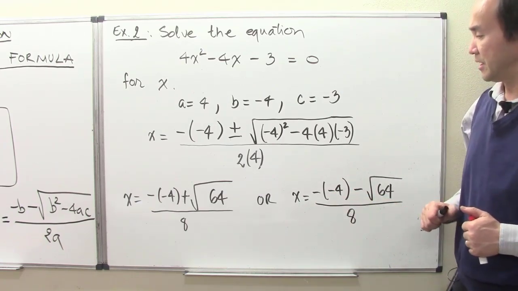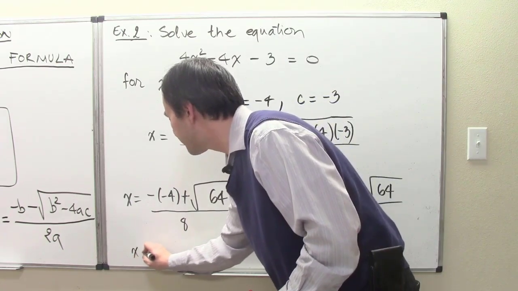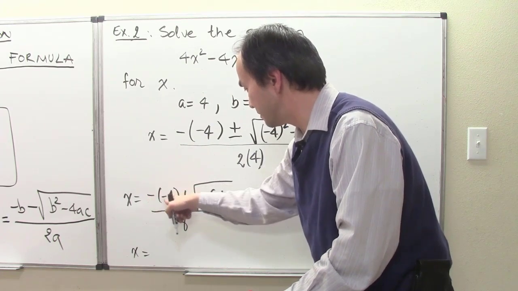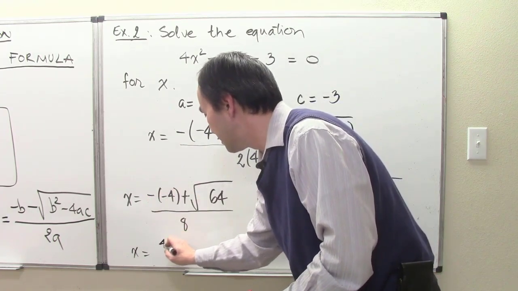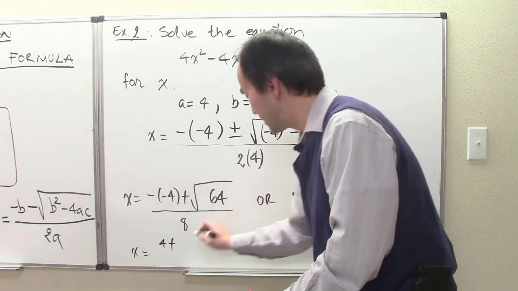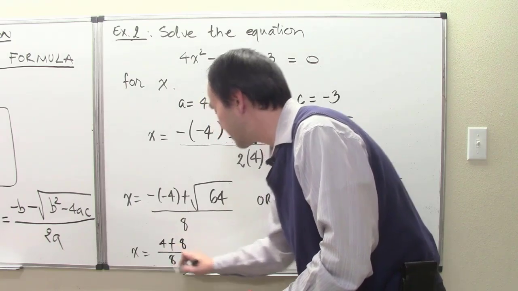All right. And now in my next step, minus negative 4 makes it 4, plus the square root of 64, which gives me 8, all over 8.